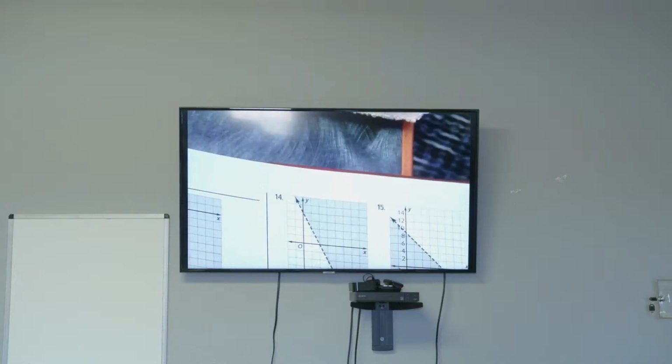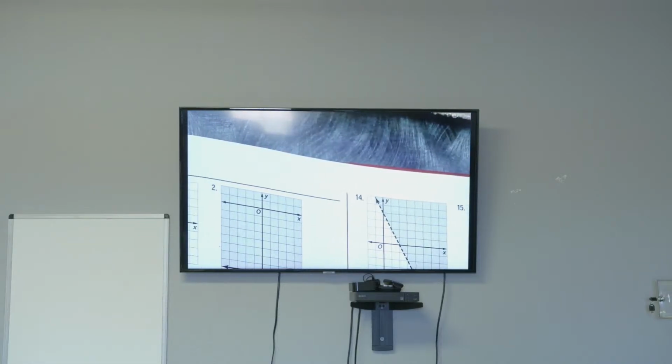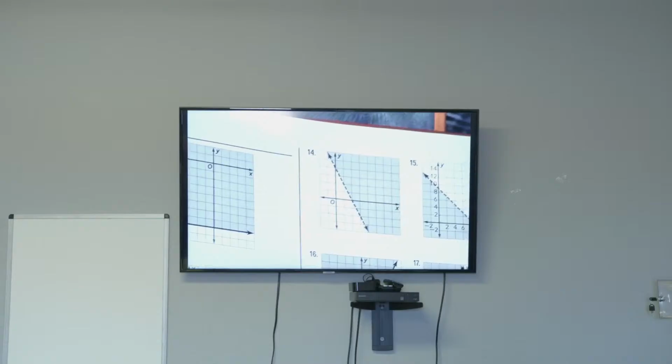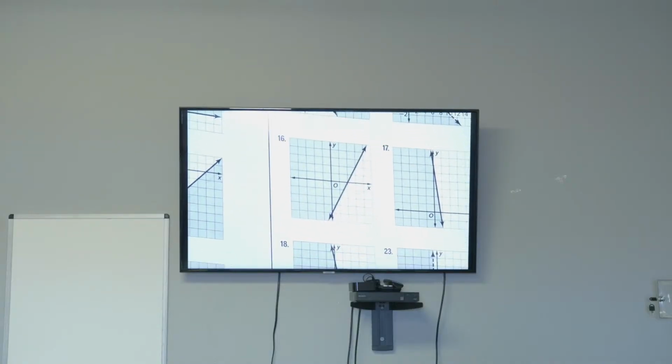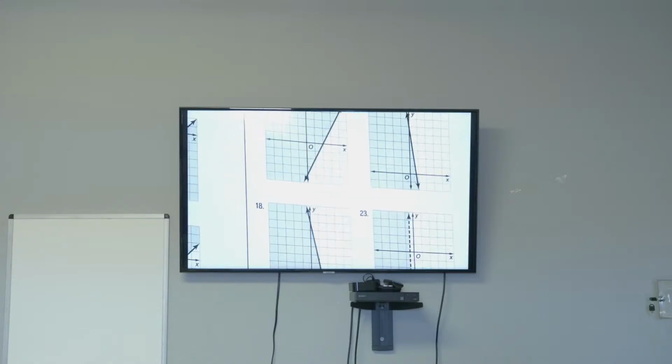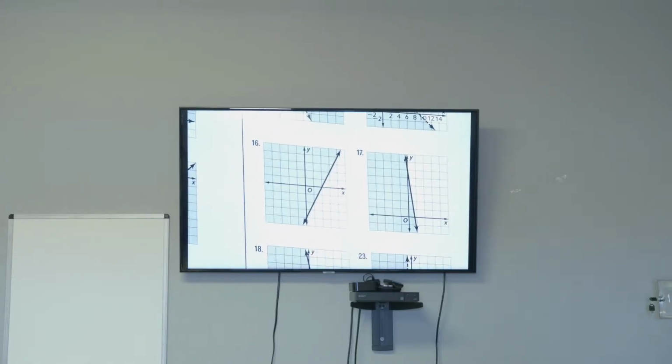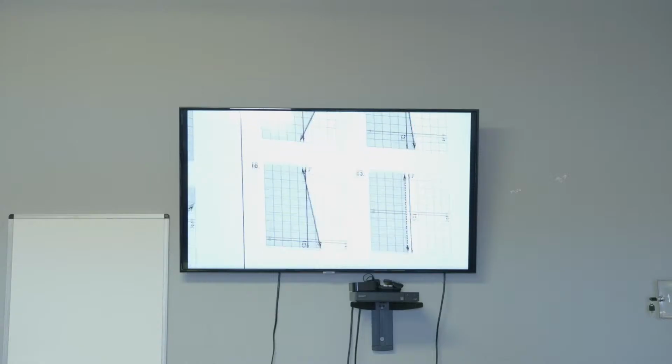Number 14 looks like that guy. Graphing paper would be a real great idea. I know, right? That'd be swell. A ruler would be smart too. Number 16. Number 18.